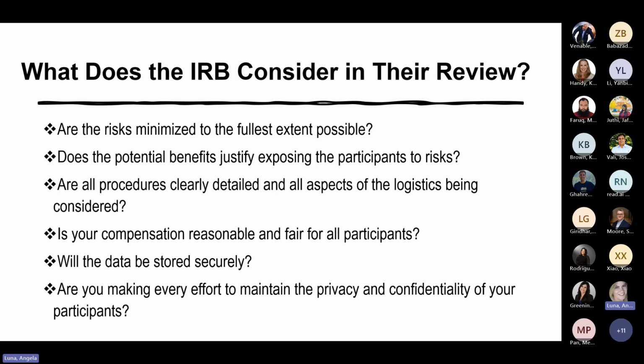We need to see that your compensation is reasonable and fair for all participants. If it's different, why, how you're planning on doing it, and when. We also look at whether the data is going to be stored securely, and if every effort is being made to maintain the privacy and confidentiality of the subjects.